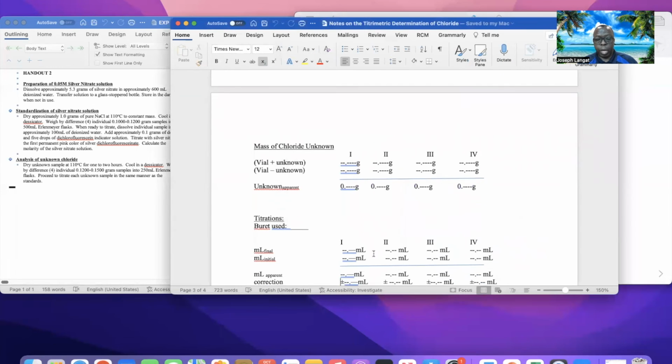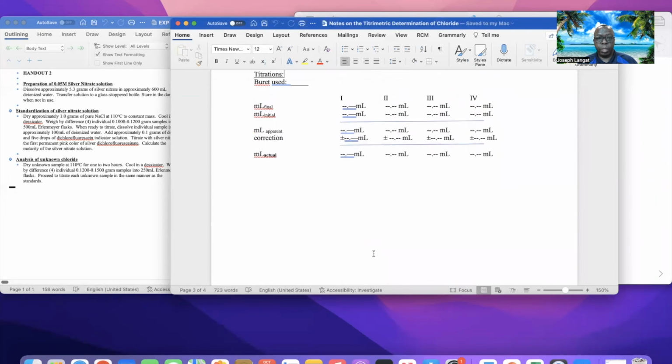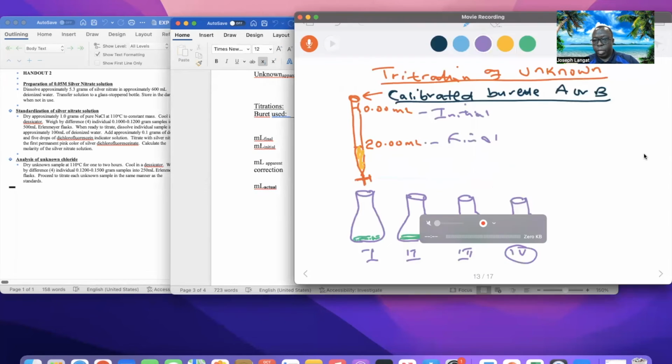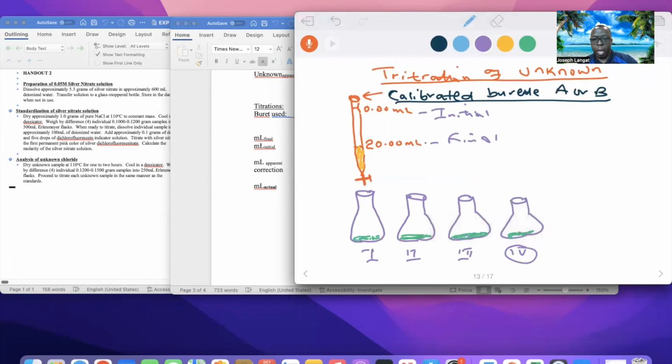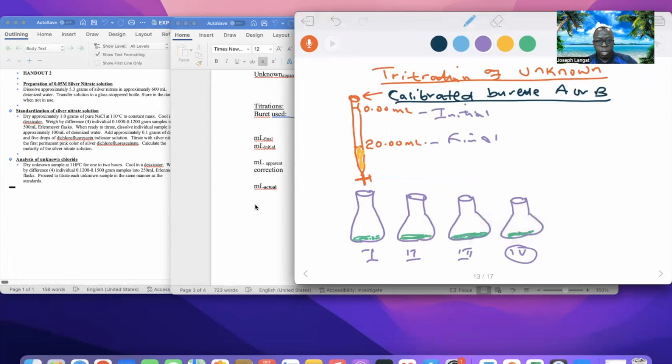You will use the calibration curve. Still, you need to indicate the buret you are using. If it is A, you have to indicate A. Final volume: from this illustration, you see the endpoint based on the color change. Initial volume is where the meniscus was before the titration.